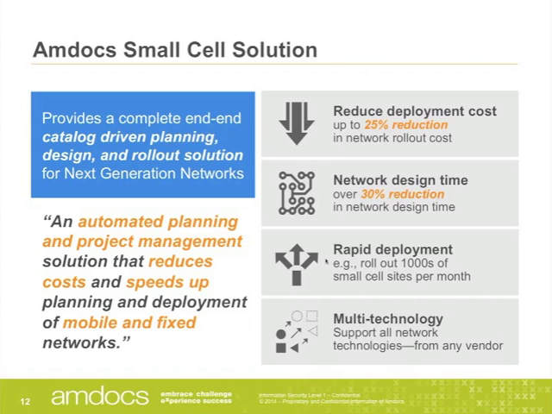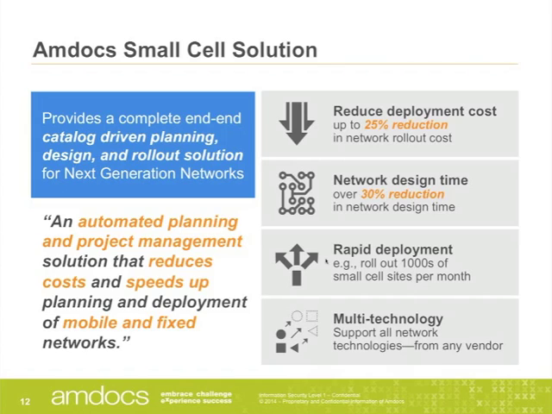So let me introduce to you now the Amdocs small cell solution. This is a solution which provides a complete end-to-end catalog-driven planning, design, and rollout solution for next generation networks. It's an automated planning and project management tool that reduces the costs and speeds up planning and deployment of mobile and fixed networks.